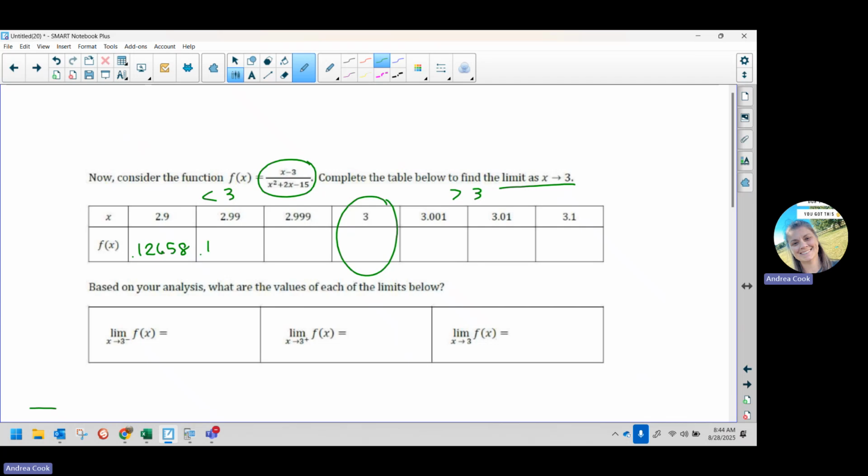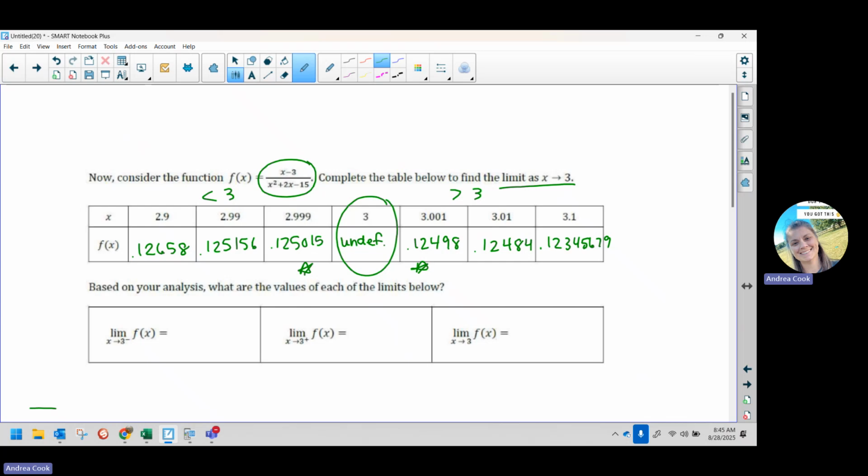You want to put a lot of decimals. The numbers in the table that are most important when you're finding a limit are the ones closest to that number.